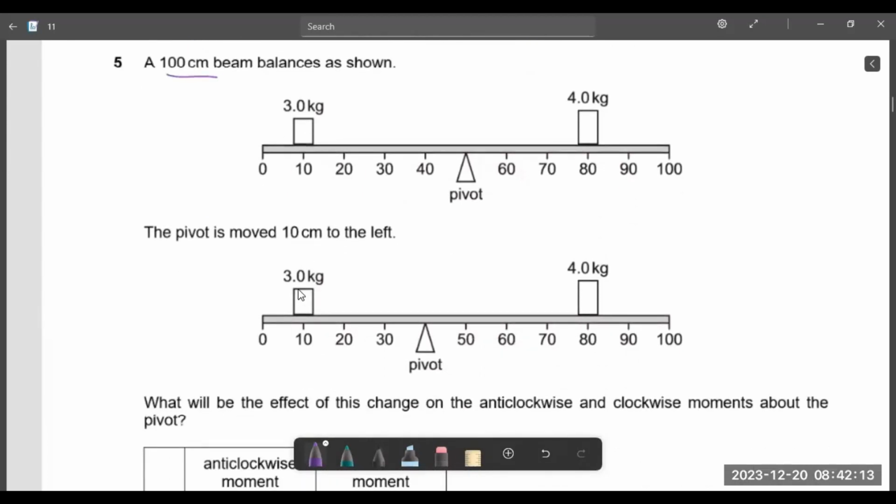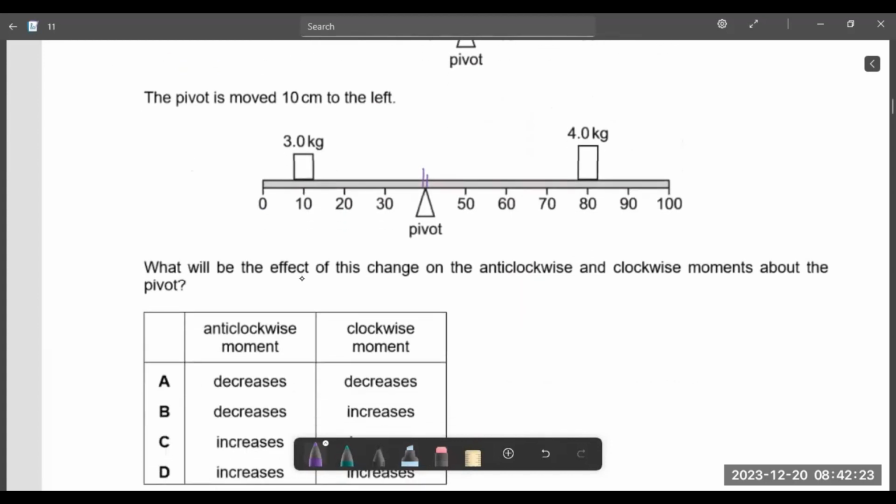A 100 centimeter beam balance is shown. We can see the pivot here. The pivot is moved 10 centimeters to the left. What will be the effect of this change on the anticlockwise and clockwise moments about the pivot? Here, moment means force times perpendicular distance.